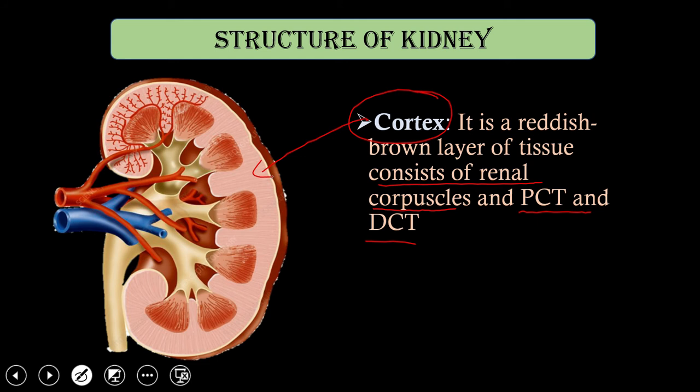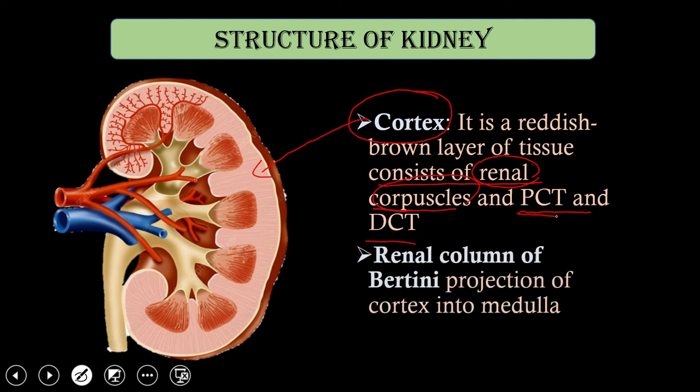It is the structural and functional unit. Millions of nephrons are present in each kidney. How are the nephrons situated? The Malpighian bodies, that is renal corpuscles, the proximal convoluted tubule and the distal convoluted tubule, are located in the cortex region. So the outer region is called the cortex.